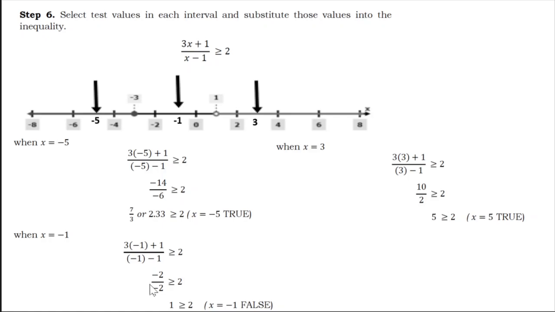So, negative 2 over negative 2, the answer is 1 greater than or equal to 2, which is false. So, meaning, yung value between negative 3 and positive 1 ay hindi kasali sa ating solution. So, yung kasali lang muna is x less than or equal to negative 3.